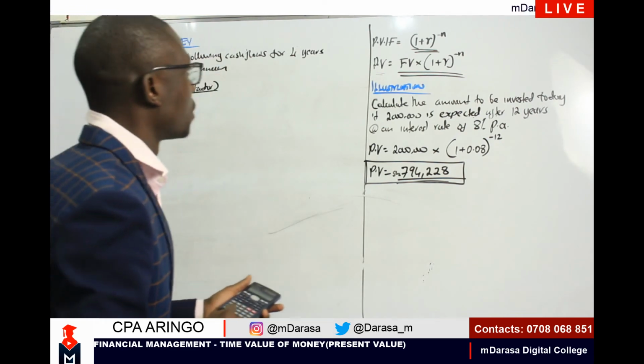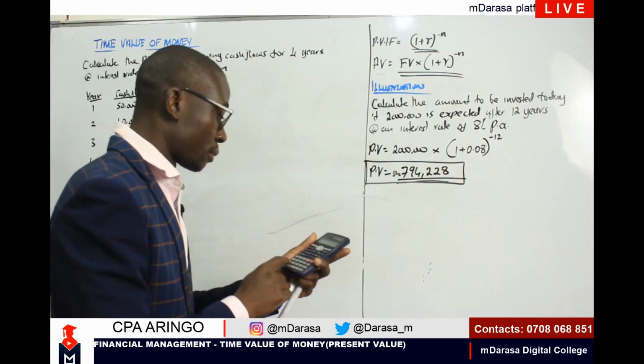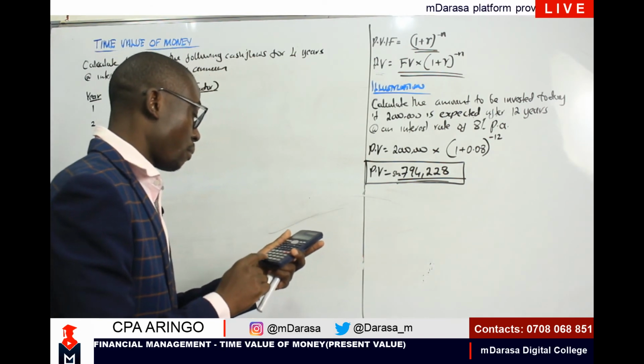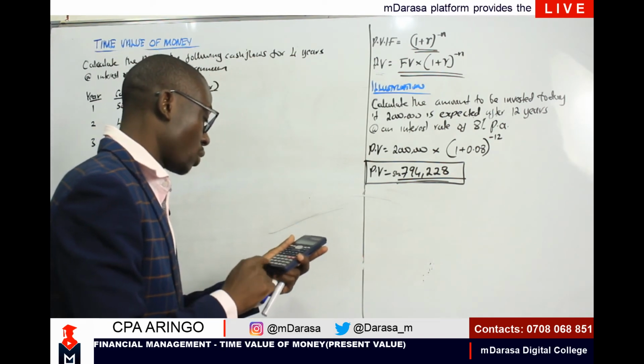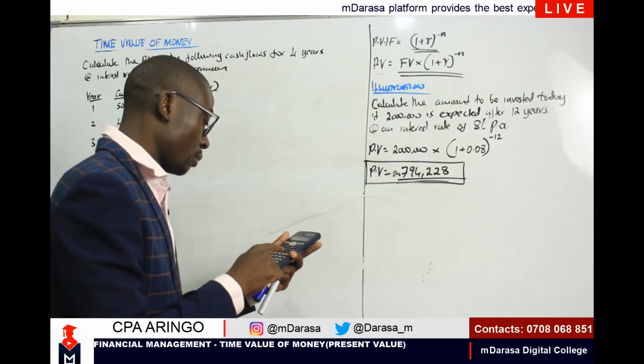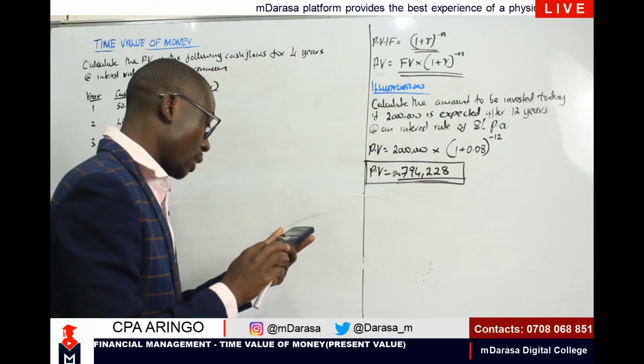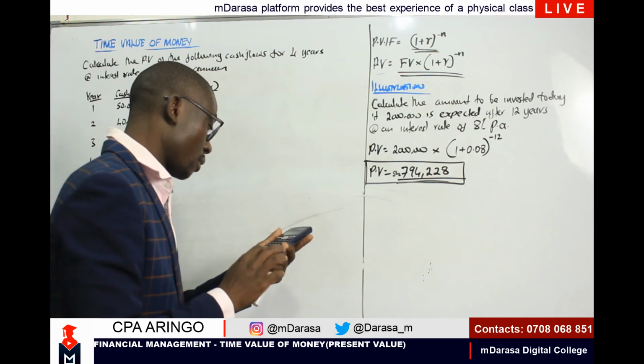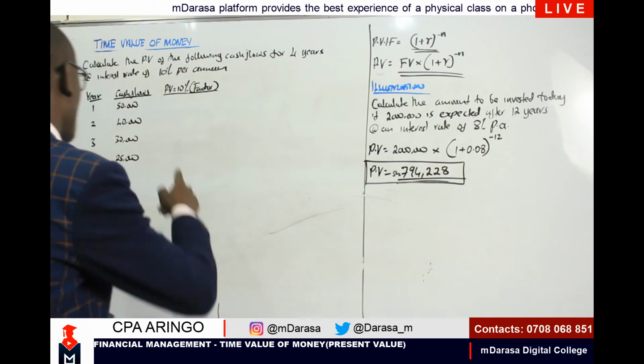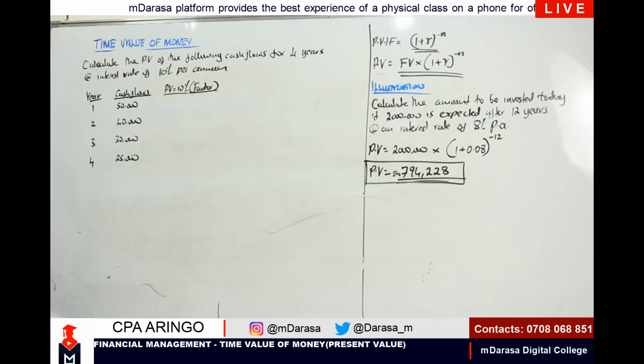We have 1 plus 0.10 raised to power negative 1, because we are looking at the first year. That should give us 0.9091.